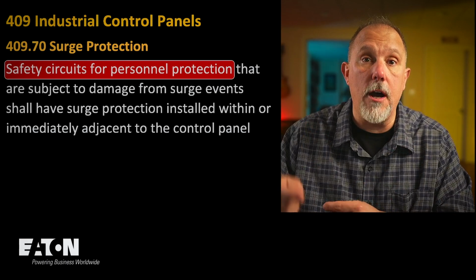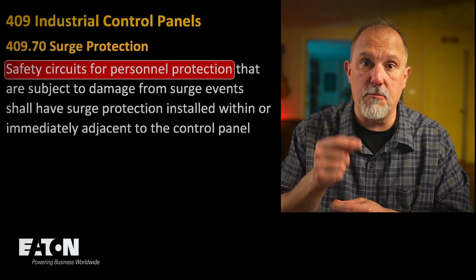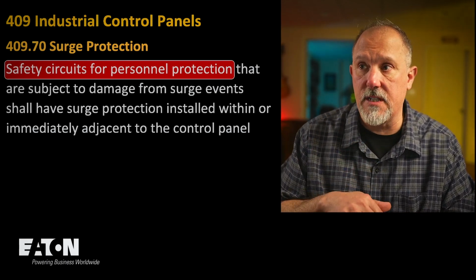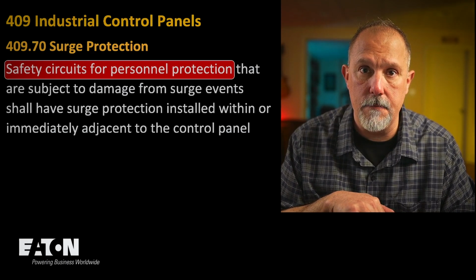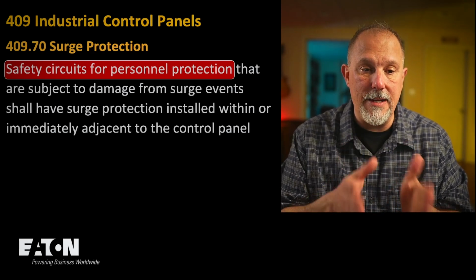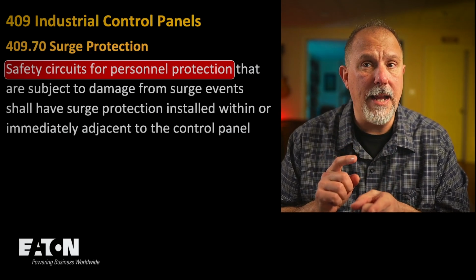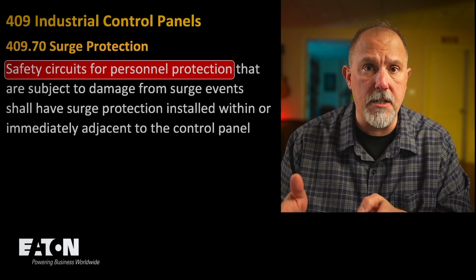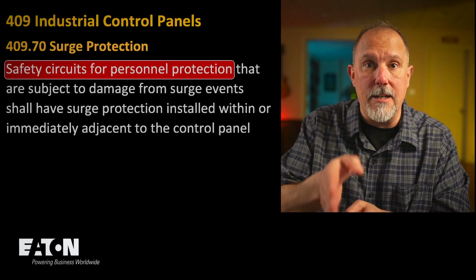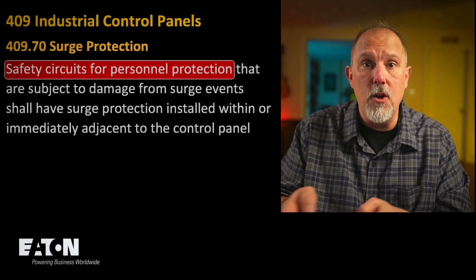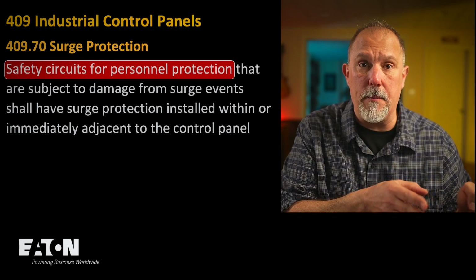If you elect not to, you're going to have to explain why it's not part of a safety circuit for personnel protection. I would argue if you have indicating lights, if you have any buttons on there that turn something on or off, it's a part of a safety circuit for personnel protection, because establishing an electrically safe working condition will be dependent upon your piece of equipment.